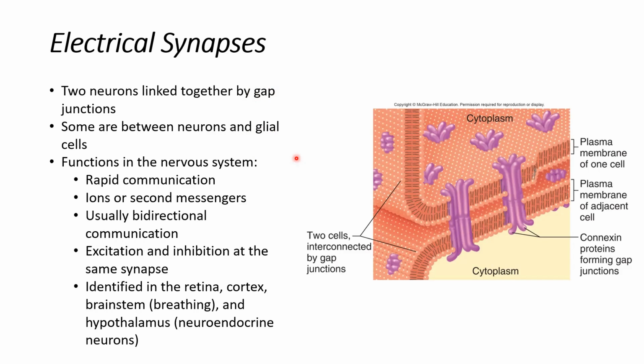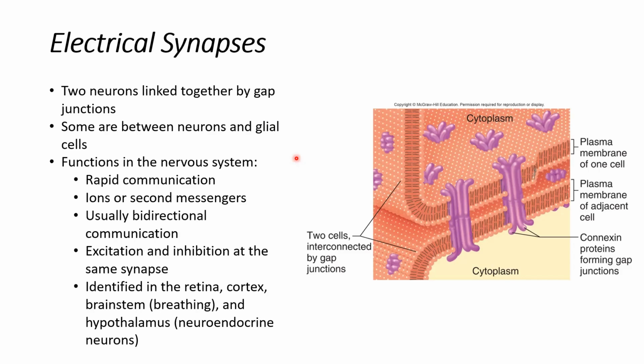Some of the functions of the electrical synapses is for rapid communication. When we talked about the electrical signal being converted to a chemical signal in order to cross the synaptic junction, that's going to take some time. That's going to slow down the rate of this communication.